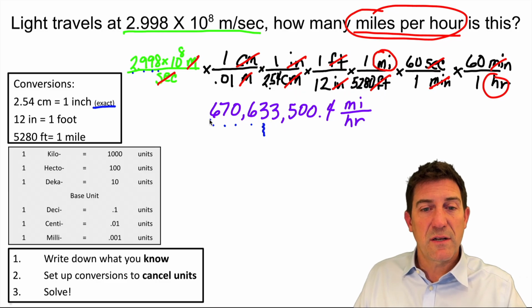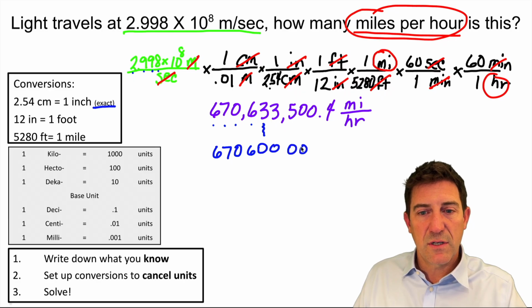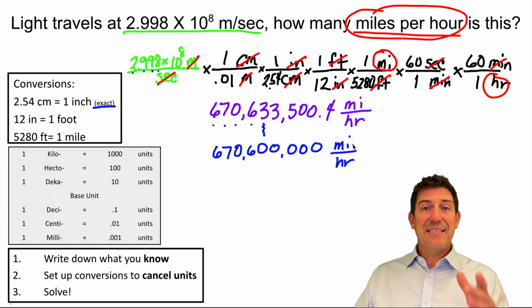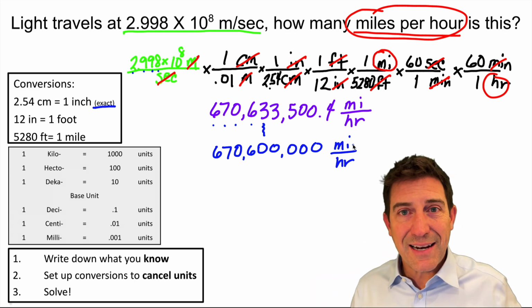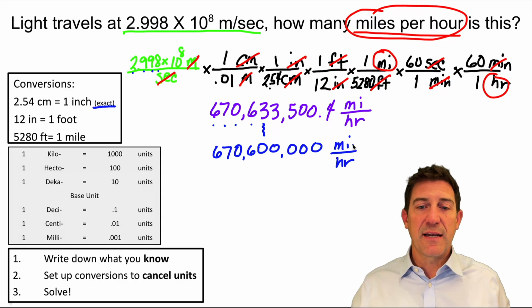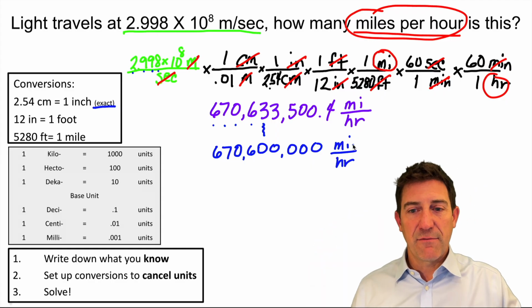So let's round it to these 4 significant figures. 670,600,000 miles per hour. This is the correct answer for the speed of light when we start with 2.998 times 10 to the 8 meters per second with the correct number of significant figures.